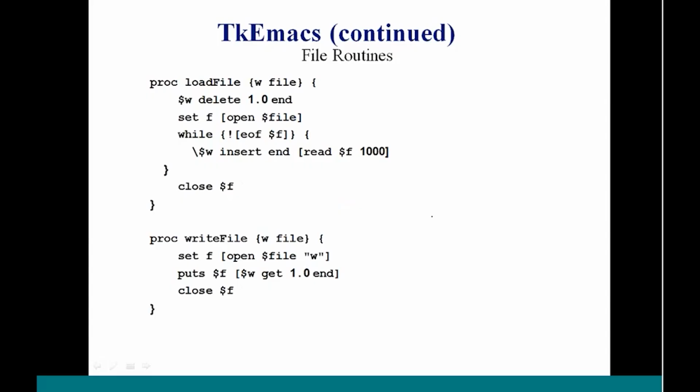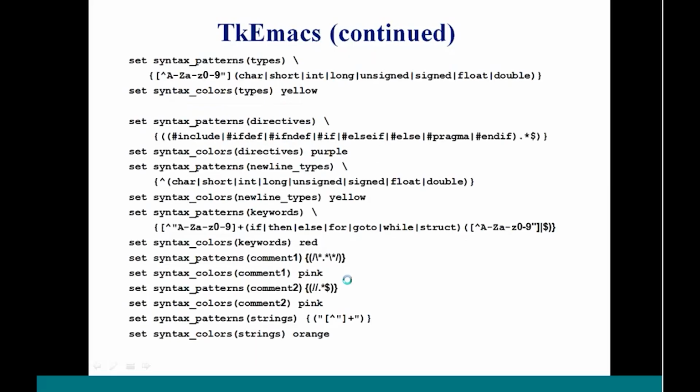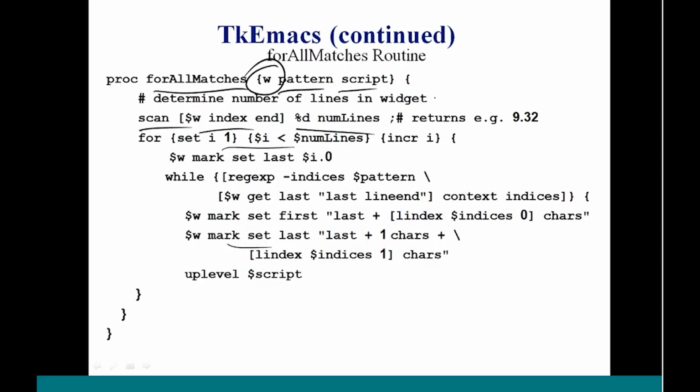For loading the file, we set the file as file open, and then we want to insert that particular variable. The write file is essentially like we open the file and then just write it. So here we define all the colors and all the forms that we wanted.